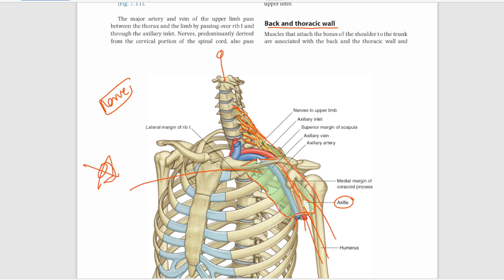This complete connection is called the brachial plexus, and from the brachial plexus different nerves come out, supplying different muscles. So you have to understand the brachial plexus. I will explain it in a simple manner.